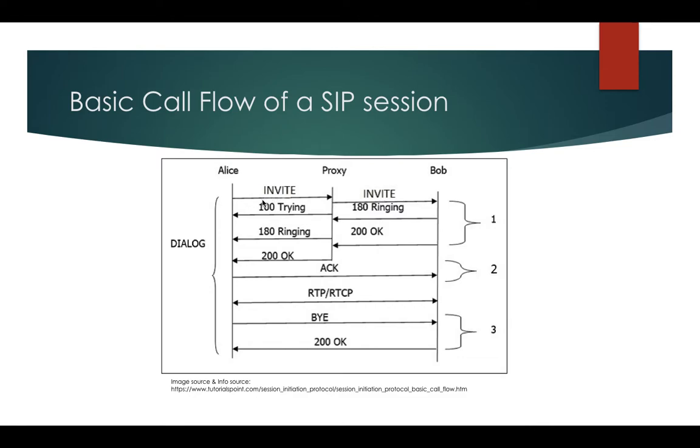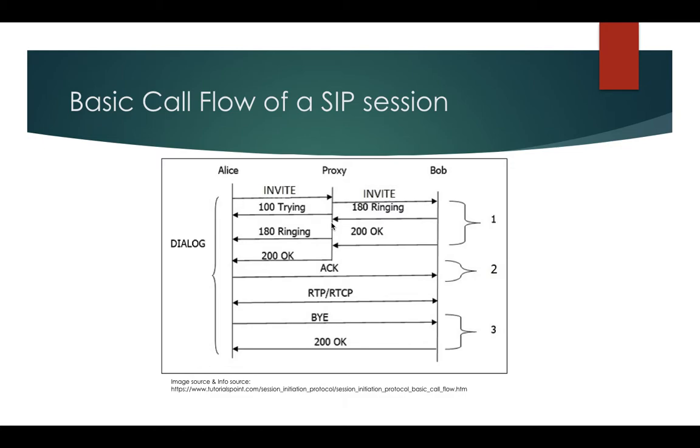So here's the basic flow of the message exchange during the SIP session. An INVITE request is sent to the proxy server, which initiates the session, and then the proxy server sends a 100 Trying response immediately to the caller, which is Alice here, to stop the retransmission of INVITE requests. And then the proxy server searches for the address of Bob, the receiver here, in the location server, and after getting the address, it forwards the INVITE request further.